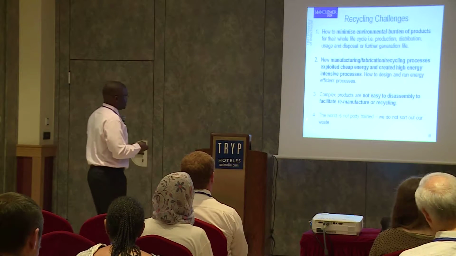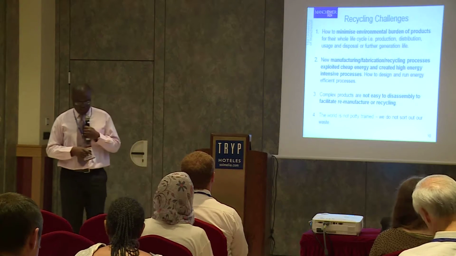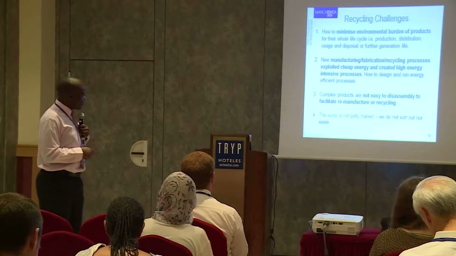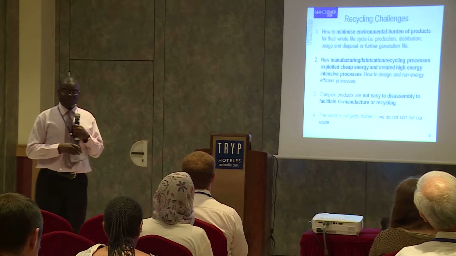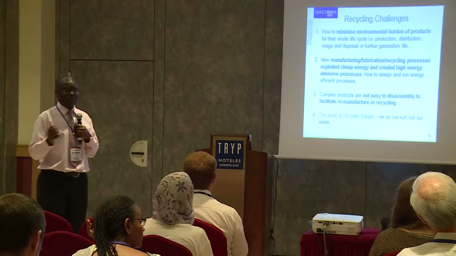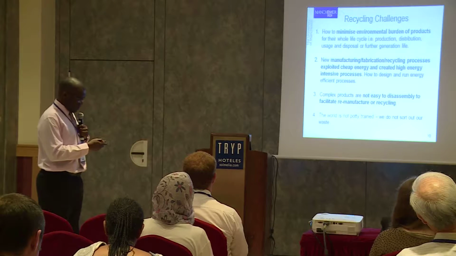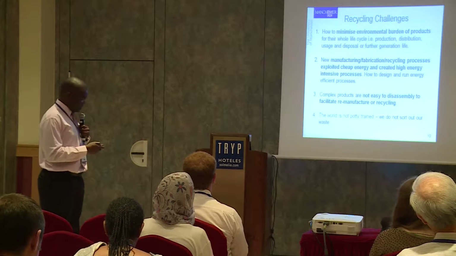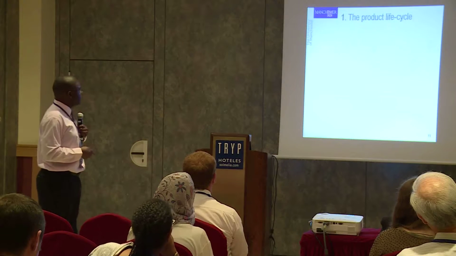The last observation we make is that while we want to recycle composites, it's very difficult to find enough composites already sorted. Everything is mixed up with something else. So we're not good at sorting our waste as a world community.